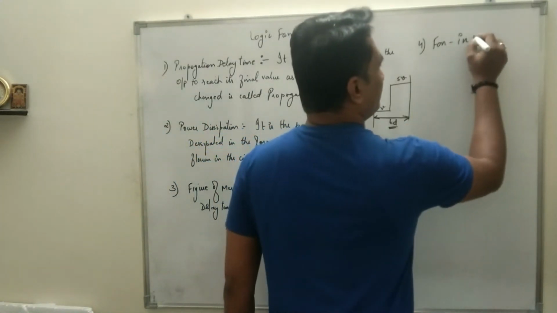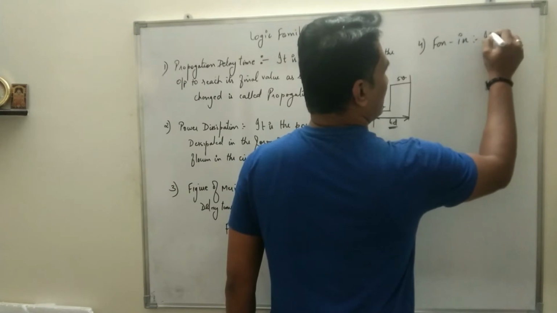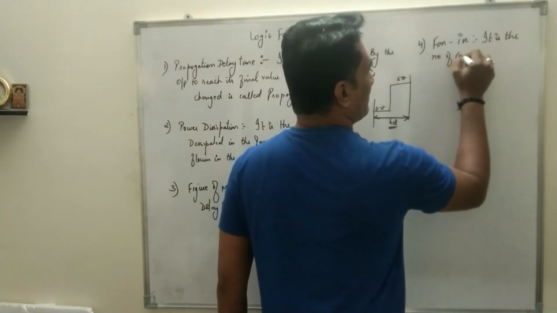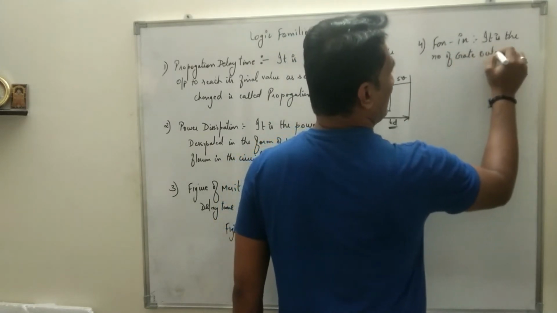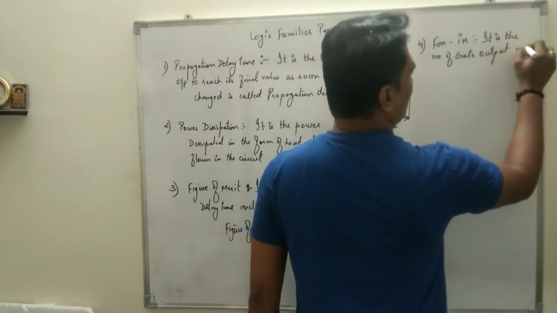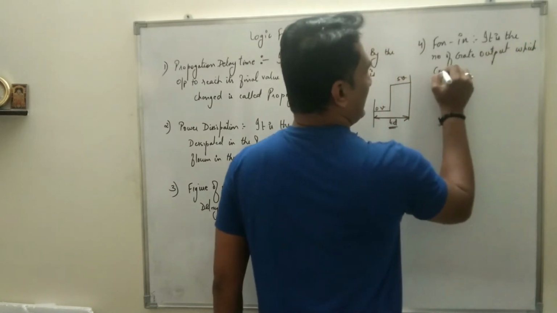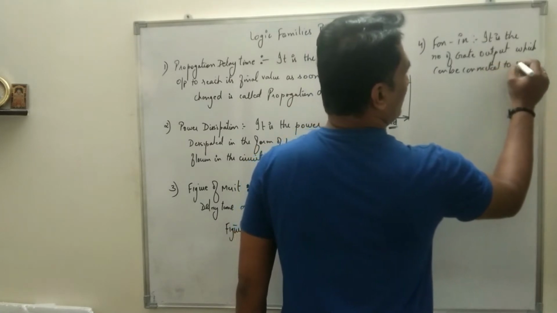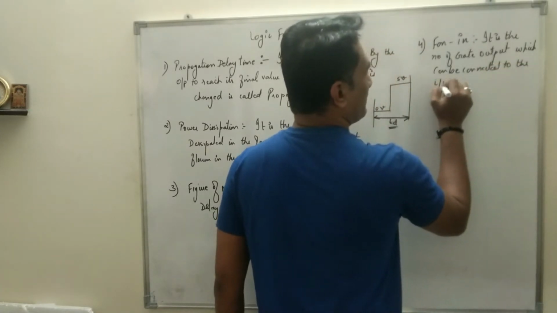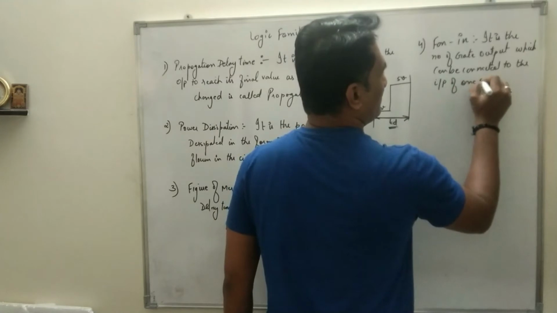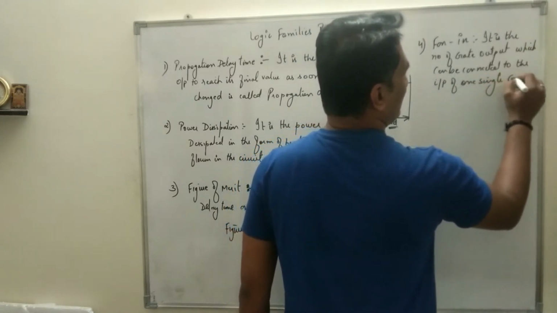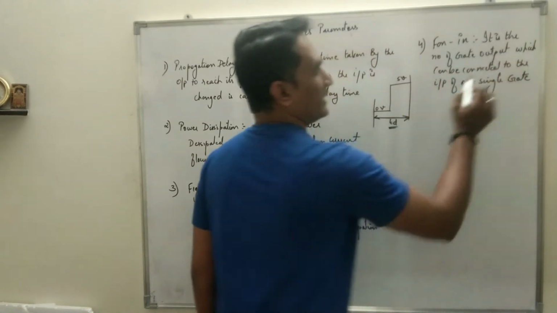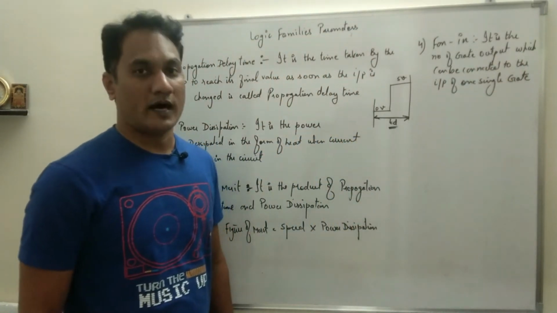Fan in is the number of gate outputs which can be connected to the input of one single gate. It is the number of gate outputs which can be connected to the input of one single gate.